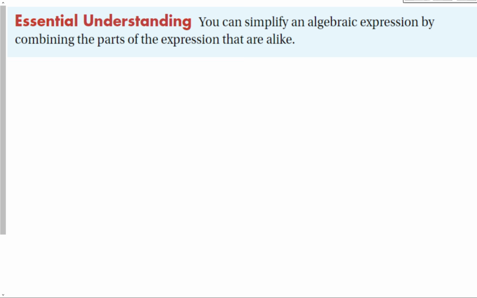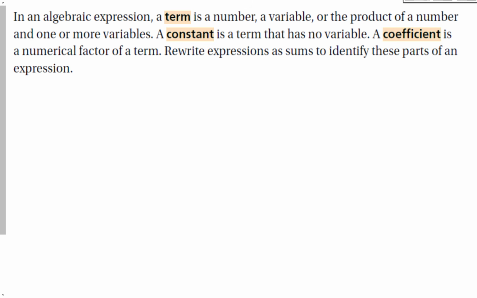So our next essential understanding is that we can simplify algebraic expressions by combining the parts of the expression that are alike. And we are going to use this technique a lot. In an algebraic expression, we have a couple of vocabulary words that you need to know. The first is a term, and that is a number, a variable, or the product of a number and one or more variables.